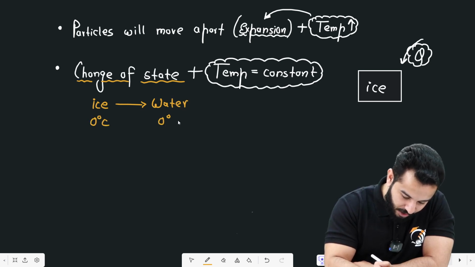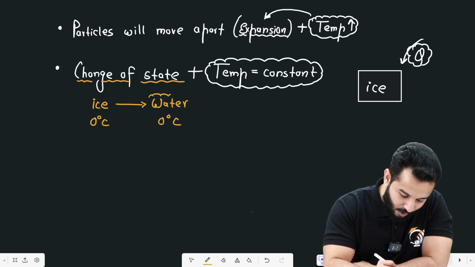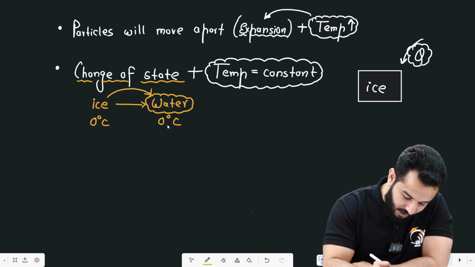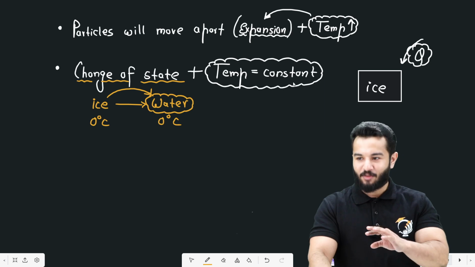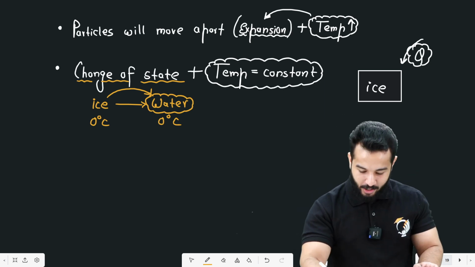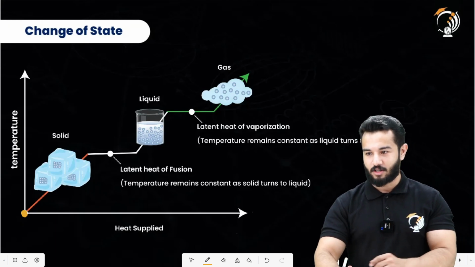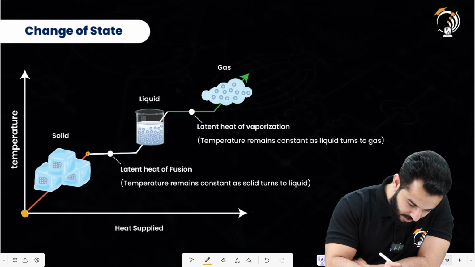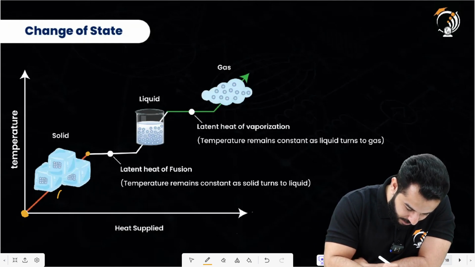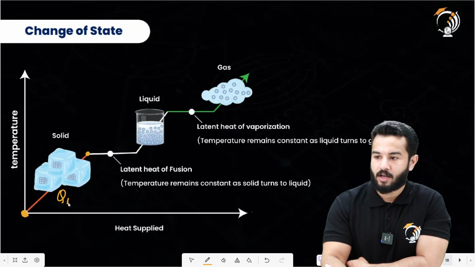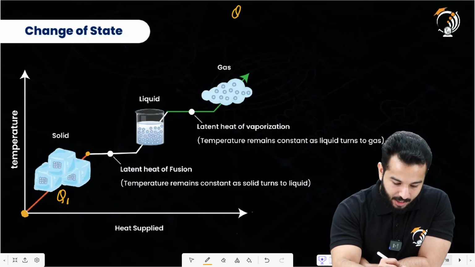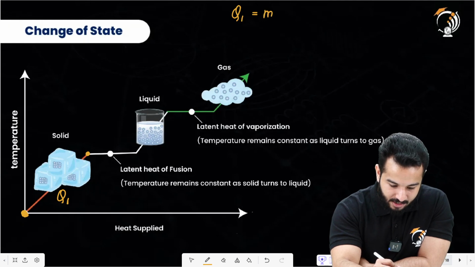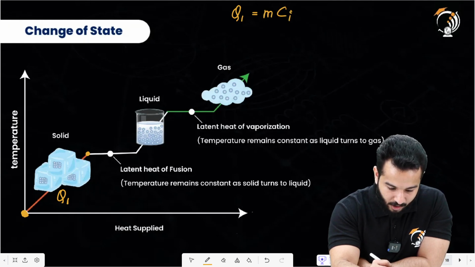Until 100% of the ice gets converted into water, the temperature will remain constant, and after that the temperature will start to increase again. Now you can pretty much understand this concept, right? From here till here, the amount of heat supplied is written as Q1. Are you getting it? And Q1 can be written as mass of ice times specific heat capacity of ice times change in temperature.